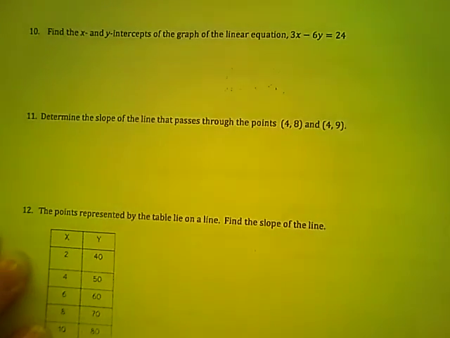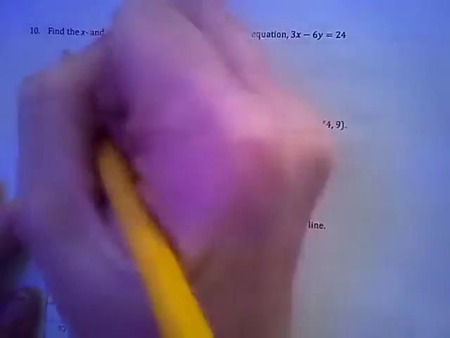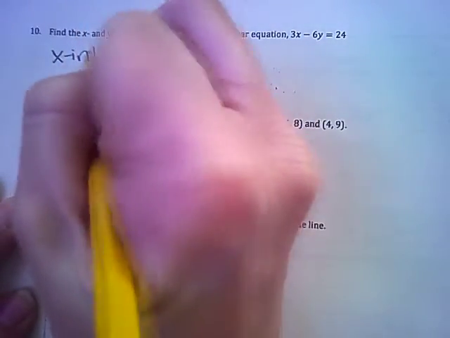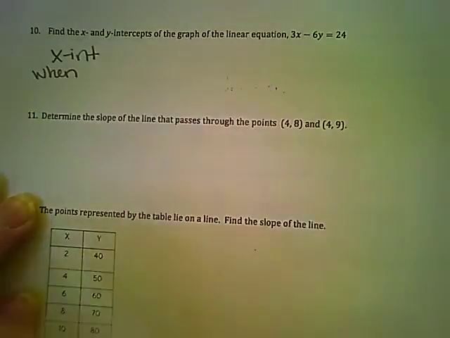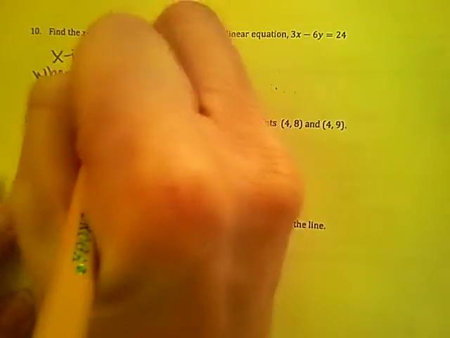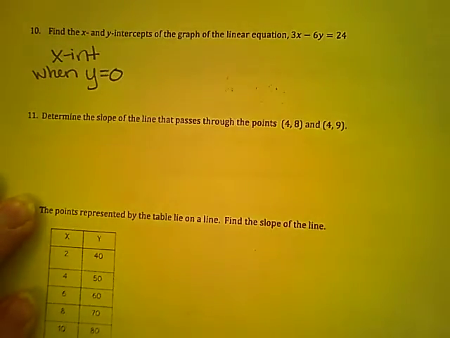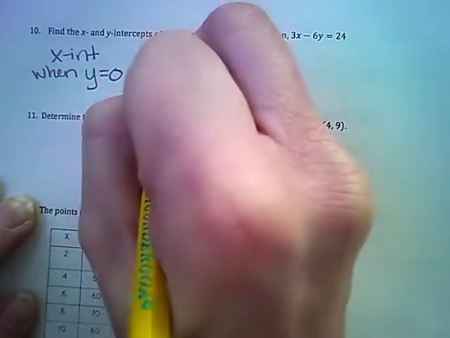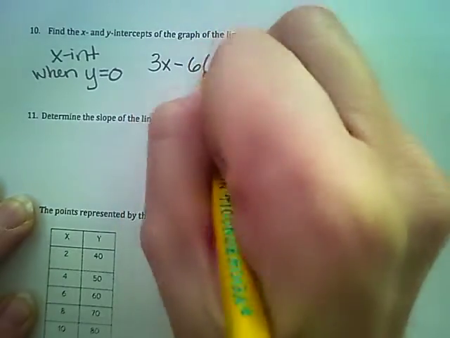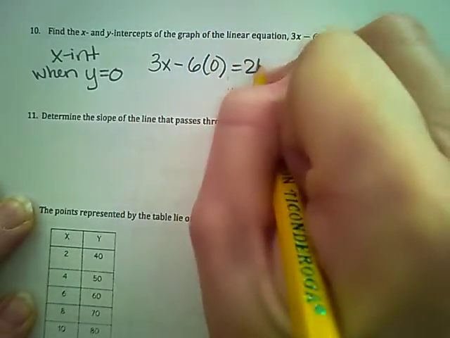Find the x and y intercepts of the graph of the linear equation 3x minus 6y equals 24. X-intercept. That is when y equals 0. So you'll do 3 times x minus 6 times 0 equals 24.